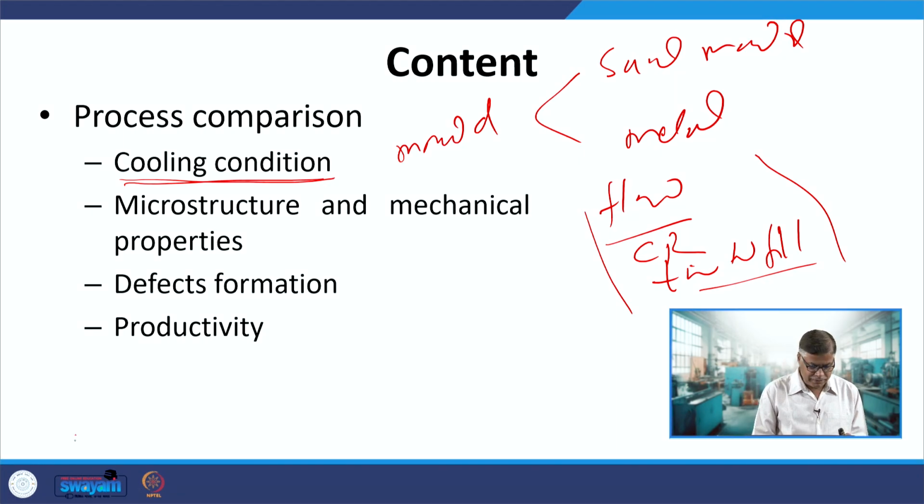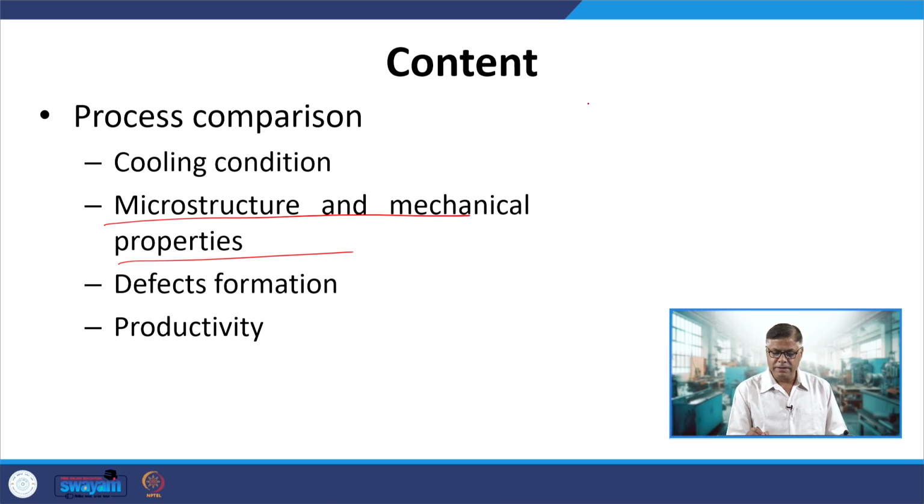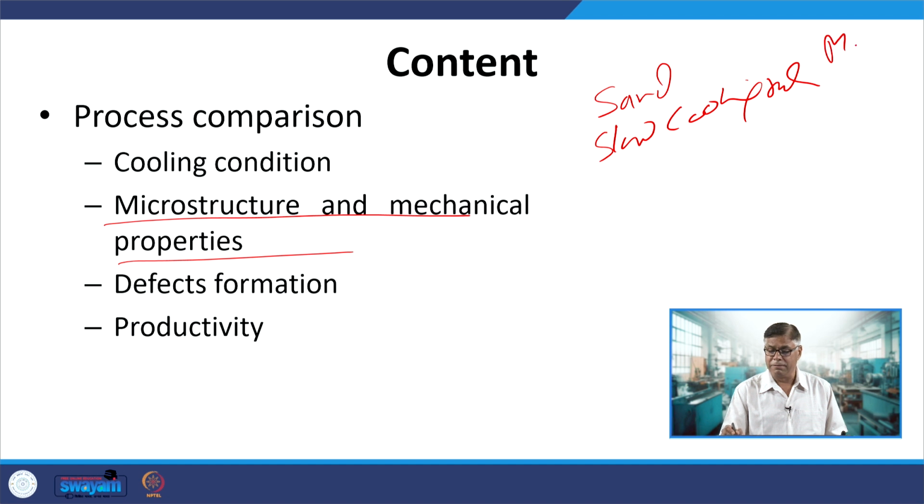As far as the microstructure and mechanical properties are concerned, the sand mold casting experiences a very slow cooling rate during solidification and cooling down to room temperature, while the metallic mold in the die experiences a very high cooling rate.